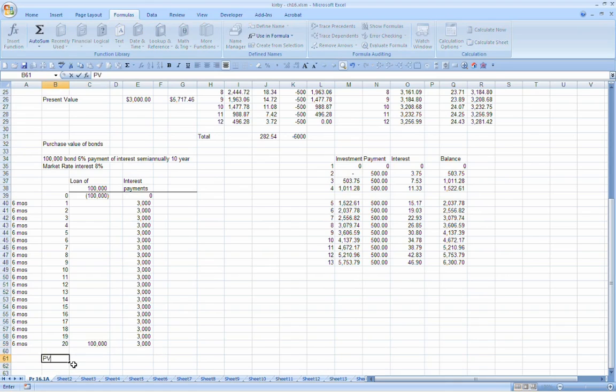So I can calculate the present value of that equals PV, right? We know the formula. The interest rate is 0.08, and I need to divide by the number of compounding periods in a year, which is 2, right? Because it's a 10-year bond, semi-annual. Divide by 2, comma, number of periods, 20, right? Because there's 20 payments or 20 periods in this 10-year note.